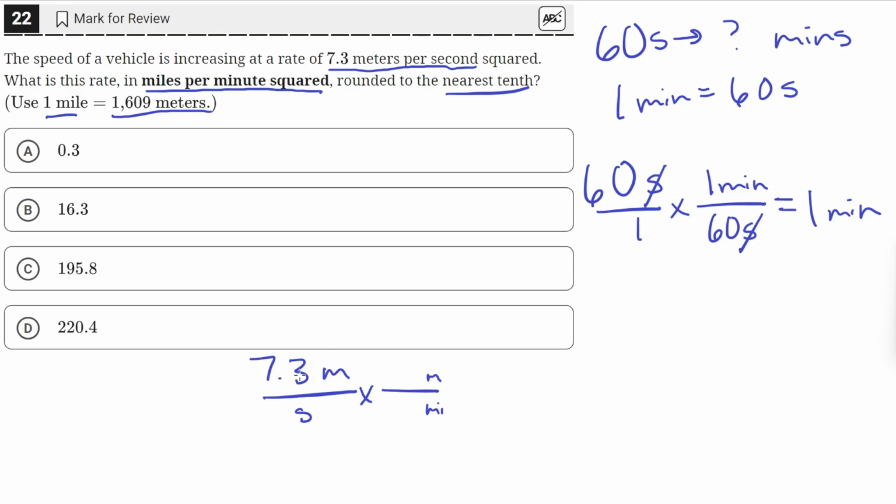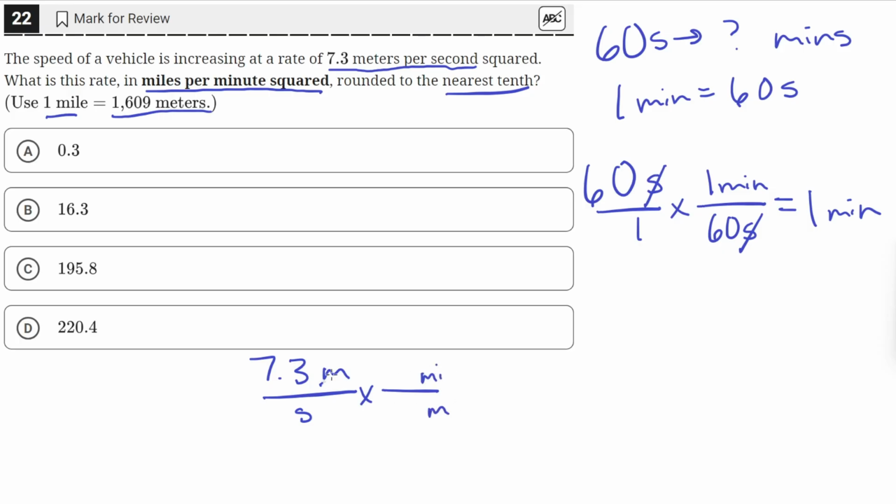Well, we make that choice by looking at the fraction over here. We see that we have meters in the numerator, and we want to get rid of meters and replace it with miles. Multiplying meters with meters wouldn't get rid of the meters unit. We need to divide meters by meters. So we need the meters unit in the denominator and the miles unit in the numerator.